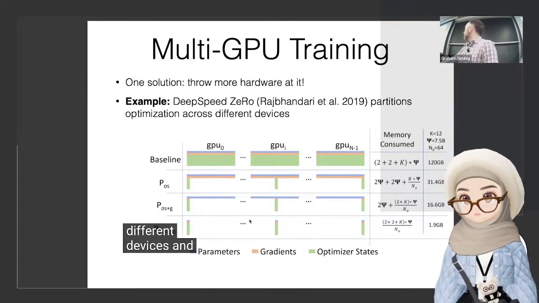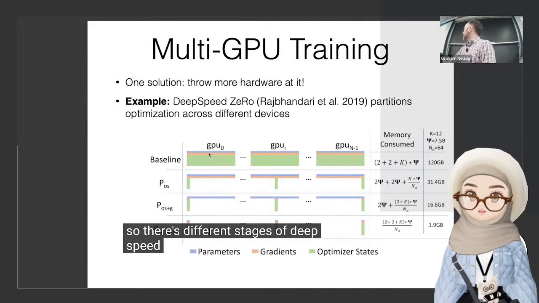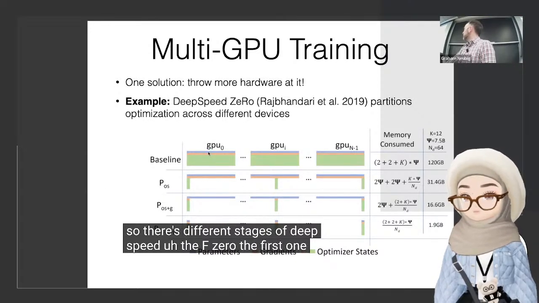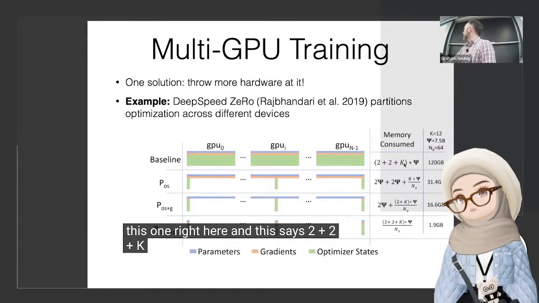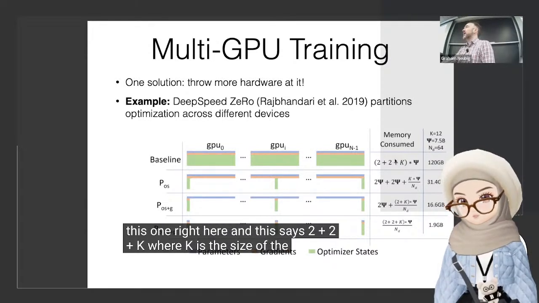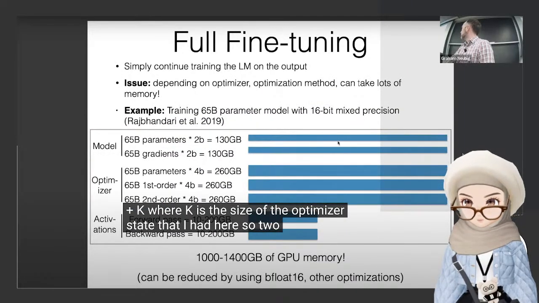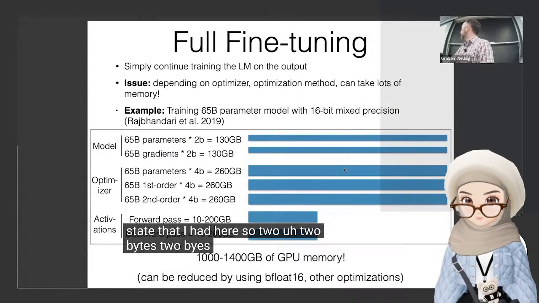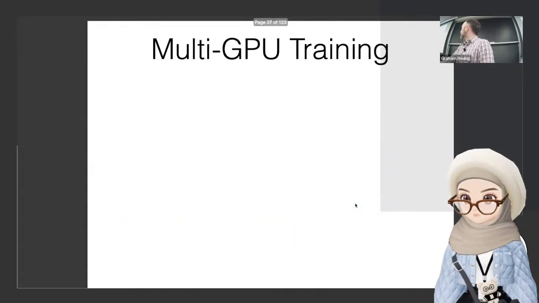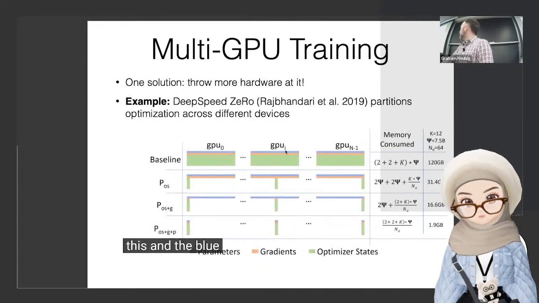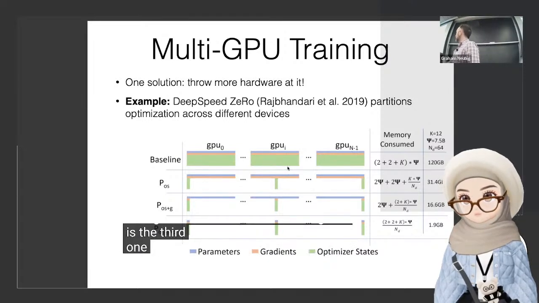There are different stages of DeepSpeed. The first one is this one right here. This says 2 + 2 + k, where k is the size of the optimizer state that I had here. So 2 bytes plus all of the bytes required for this. The blue is the first two, the orange is the second two, and the green is the third one.